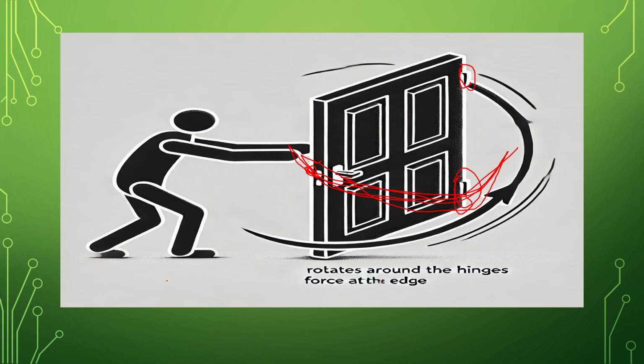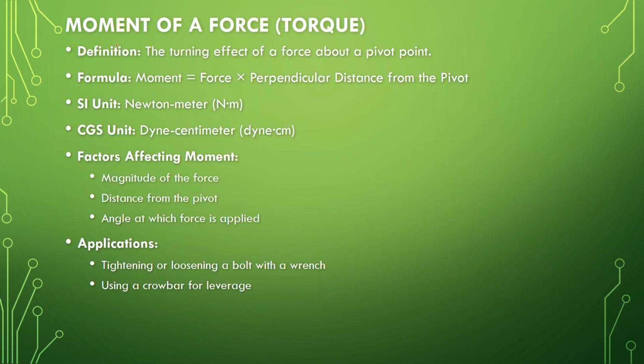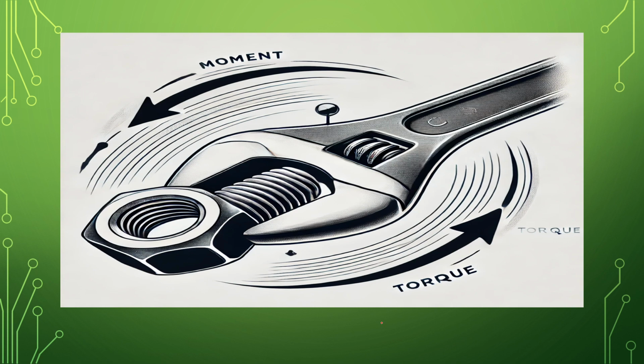Okay, so next, moment of force. See, moment of force, you can call it torque, and the definition of moment of force is the turning effect of a force about a pivoted point. Now this thing is pivoted here.